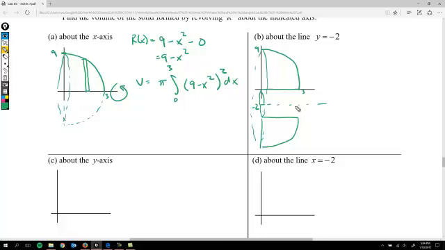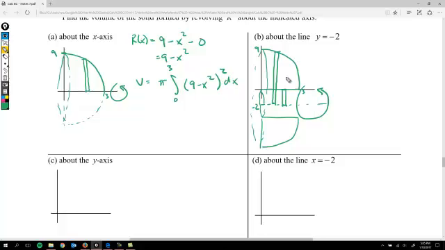This time I do have washers. If you can imagine, my outer radius is this large cross section here. My inner radius, where my hole is, is this inner cross section right here. Then I'm just rotating this around.